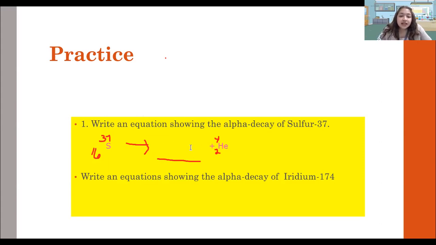But anyways, let's look at our mass first. So we started off with 37, but we emitted 4 of the 37. We lost 4 of the 37. So 37 minus 4 is 33. For our protons, we started off with 16, but we emitted or gave off 2 with that alpha particle. So 16 minus 2 is 14.